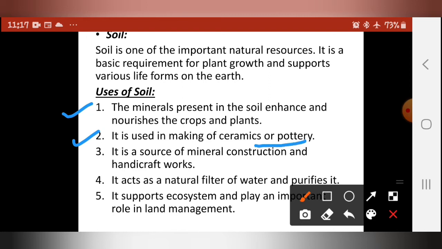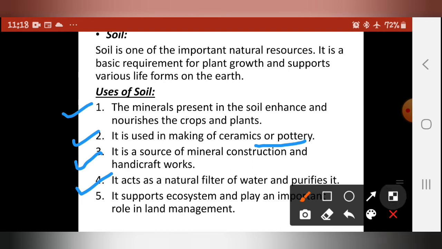The soils are used for making ceramics and pottery. Third point, it is a source of mineral construction and handicraft works. So they are used for construction as well as handicraft works. Fourth, it acts as a natural filter of water and purifies it.